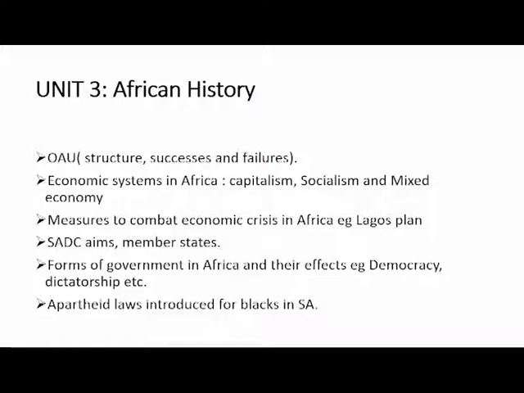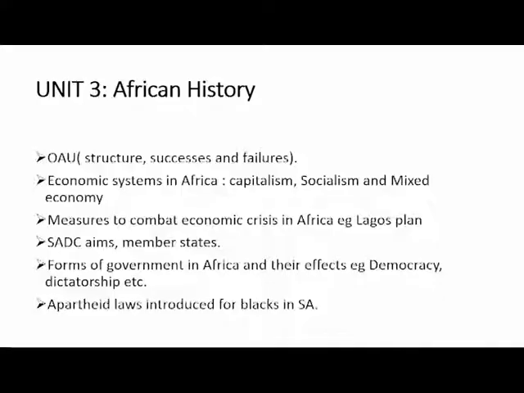What is required of you to know about the Organization of African Unity? You should know the aims, the year of establishment. Those are the basic things, though it's not indicated here.